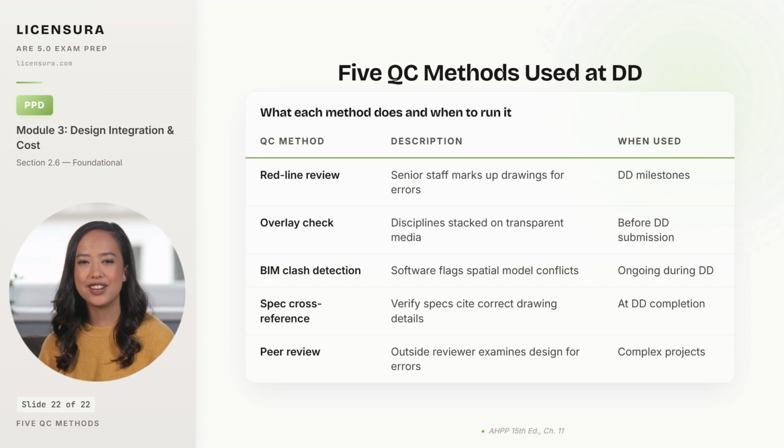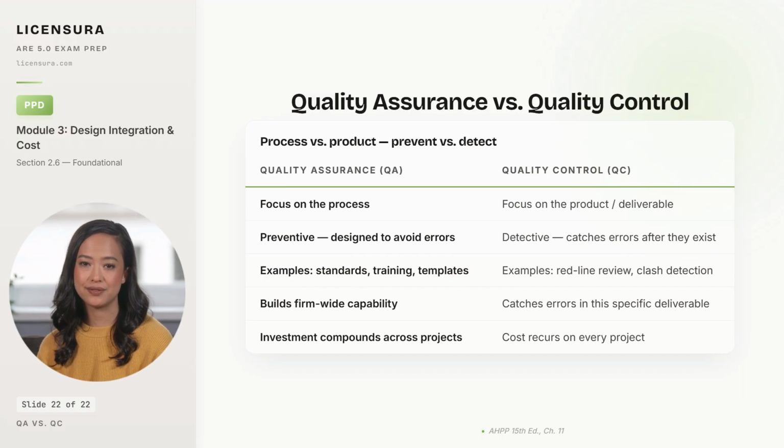QA versus QC is the exam-tested distinction that separates the strong firms from the weak ones. 5 paired contrasts that lock the QA versus QC distinction in your head. QA focuses on the process, how the firm produces work, while QC focuses on the product, the specific deliverable for this project.